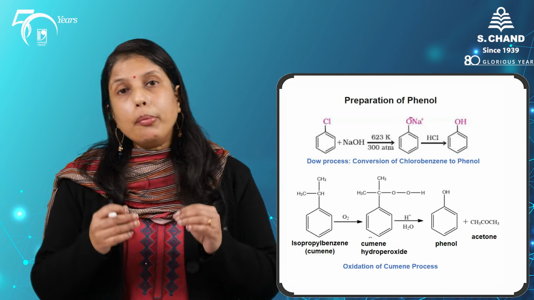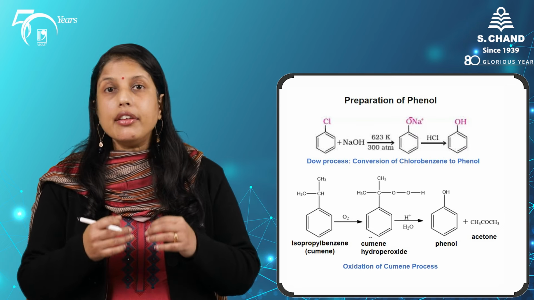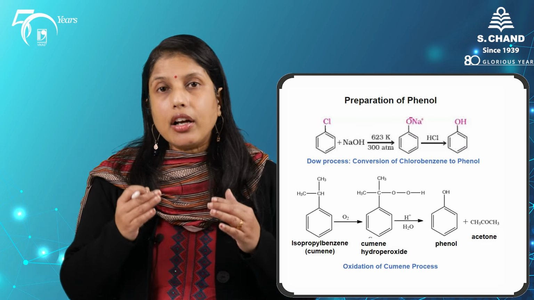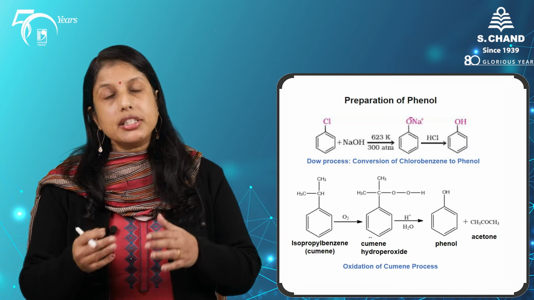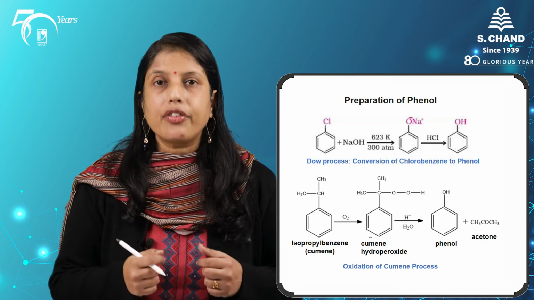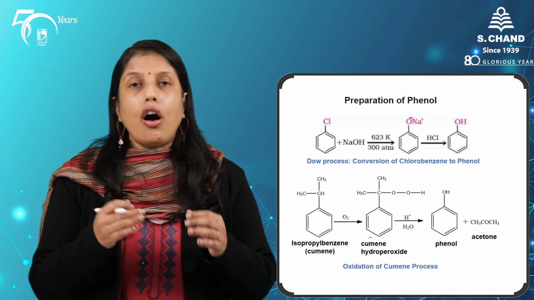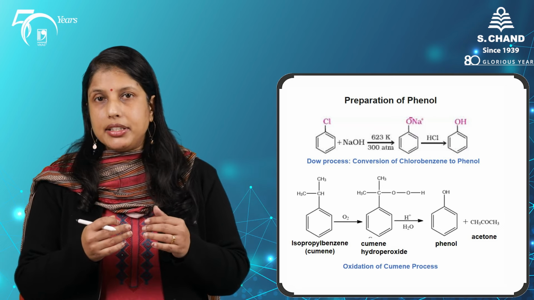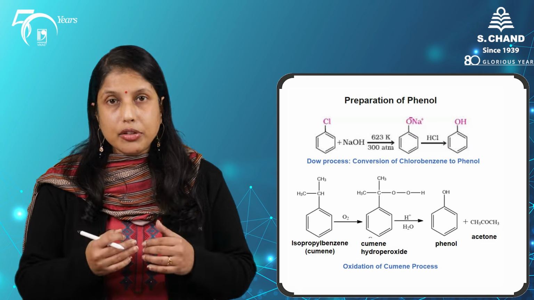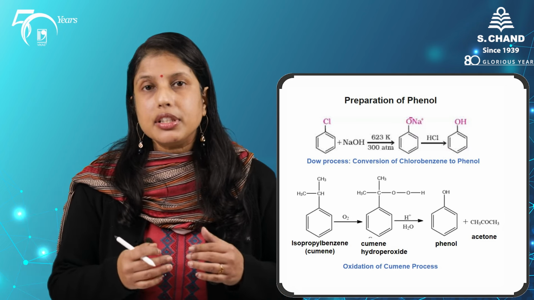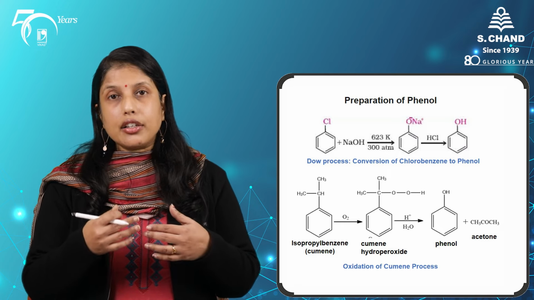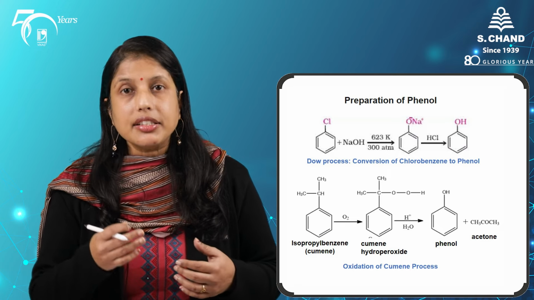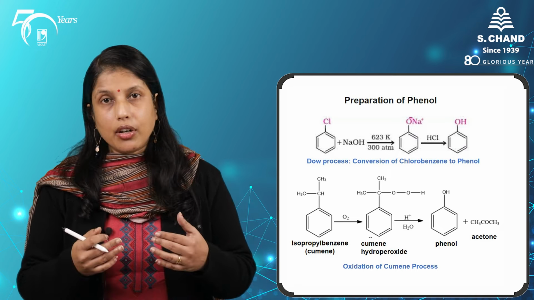But the more common method of preparing phenol is from the oxidation of isopropyl benzene, which itself is also made from benzene. Oxidation of isopropyl benzene, also known as cumene, first produces cumene hydroperoxide, which then undergoes an acid catalyzed rearrangement to phenol.